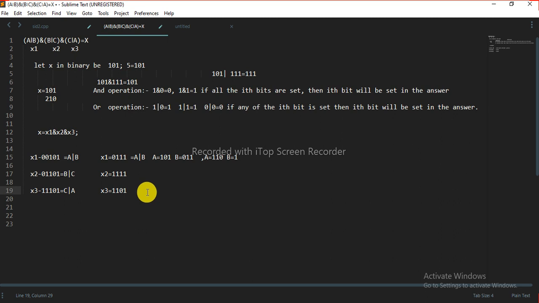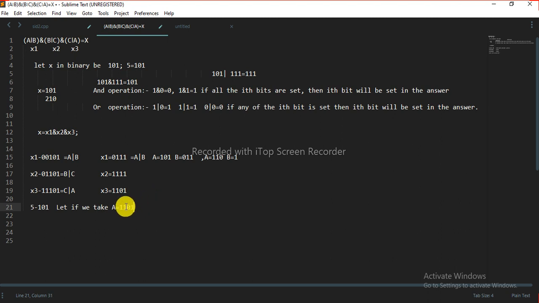Okay, so now what can we do so that we can get our answer? If we see, for example, 5 is 101. Let's say we take A as 1101.